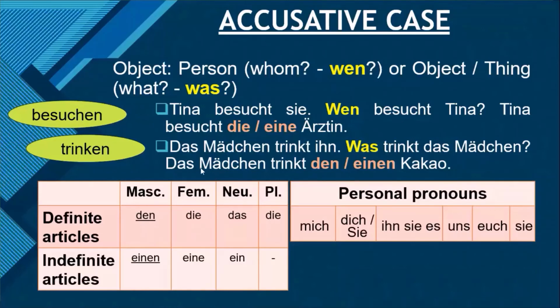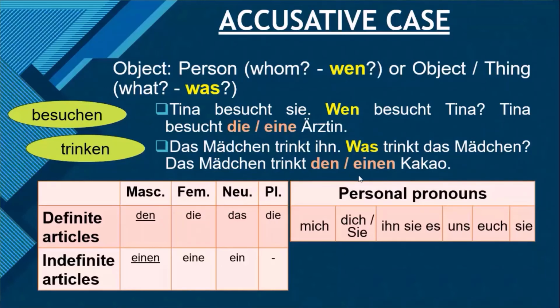And we can say the girl is drinking the cocoa or the cocoa milk, or the girl is drinking a cocoa milk. So the question is not who is she drinking, but of course the question is was trinkt das Mädchen? What is the girl drinking?